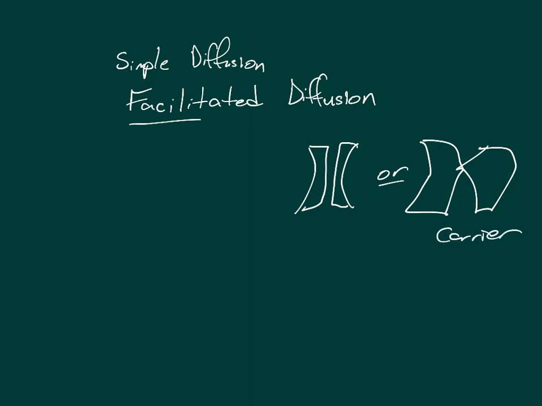Carrier proteins can also be used in passive. How do we know if they're using a protein, if it's facilitated diffusion or active transport? One, is ATP being used? Two, are they going from high to low or low to high? If they're going from high to low, it's diffusion, right? Okay, so that's a channel. We're good with all this?